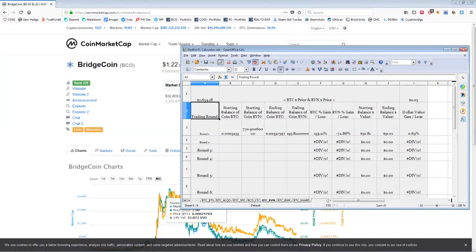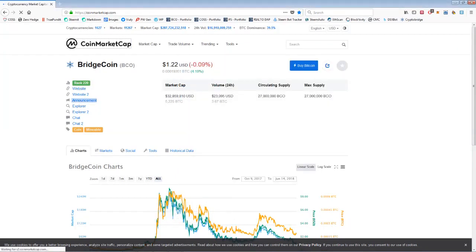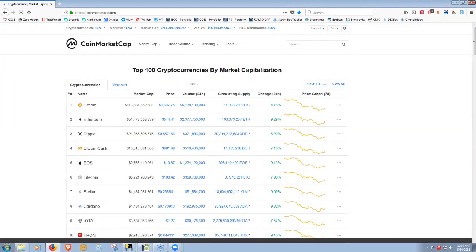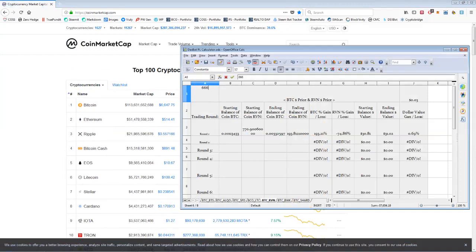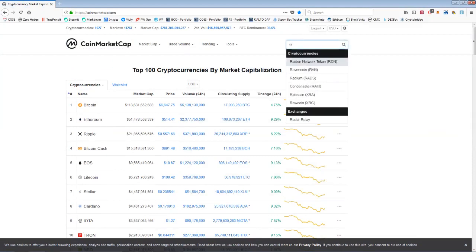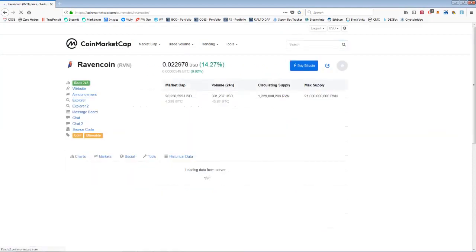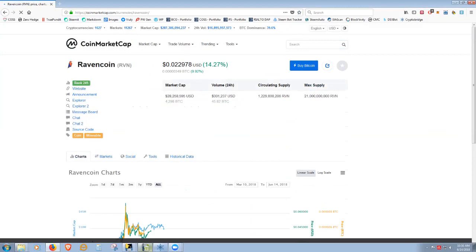All right, here we got Ravencoin and Bitcoin. See if it changed from that 666. I'm tired of typing that in. 6648 there. And Ravencoin, this is one I'm sort of lukewarm on.